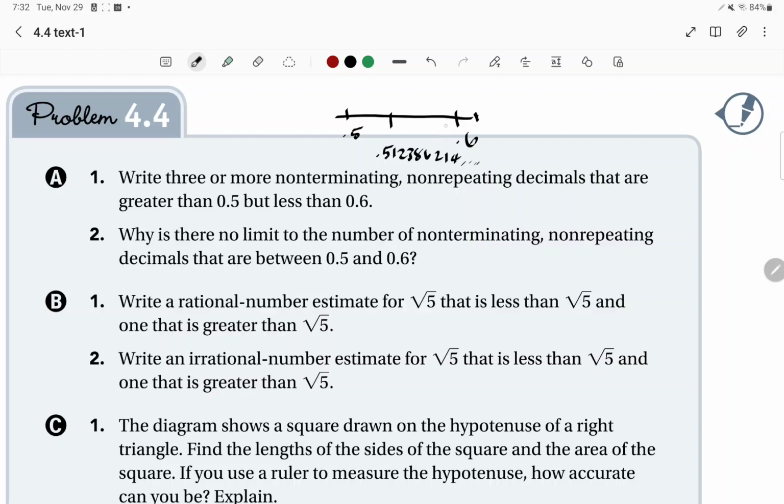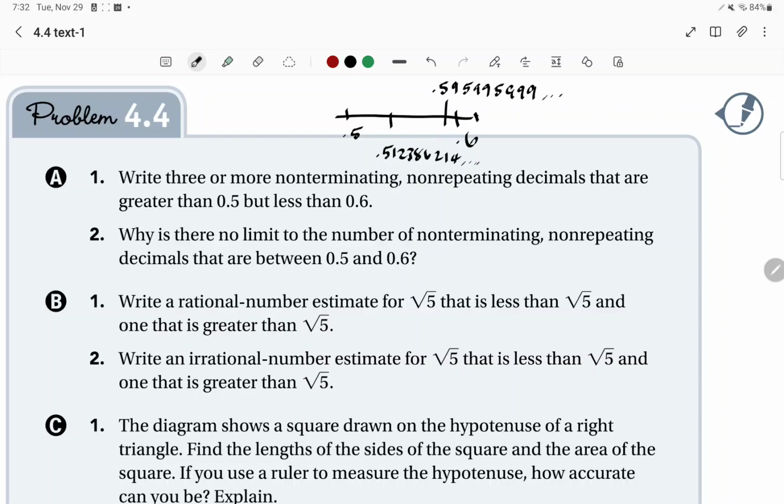That's between, right? Or 0.59, 0.599, 0.5999, and so forth, that works as well. So anything in between 0.5 and 0.6 that does not repeat and does not terminate will work for that one.